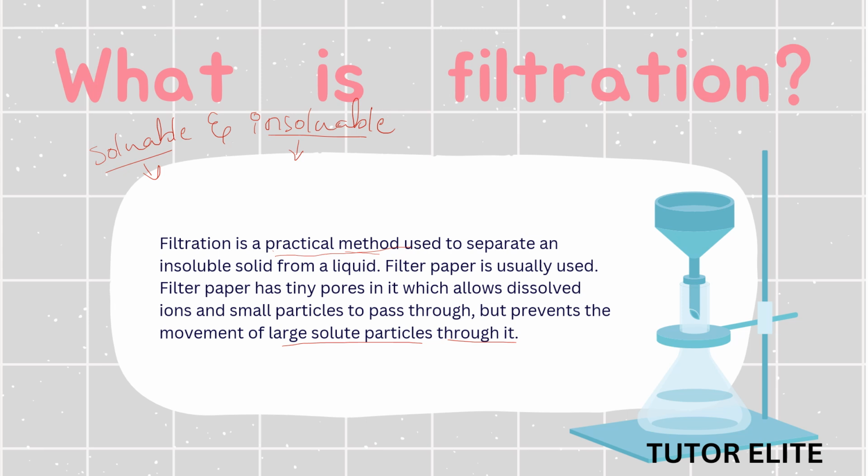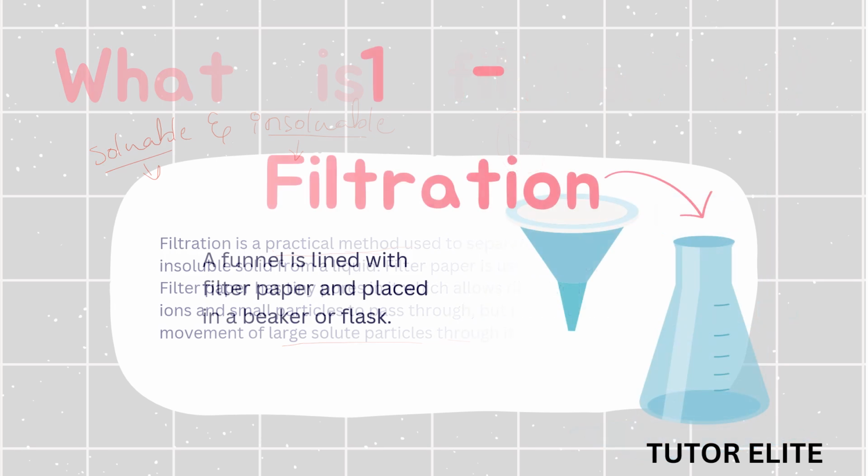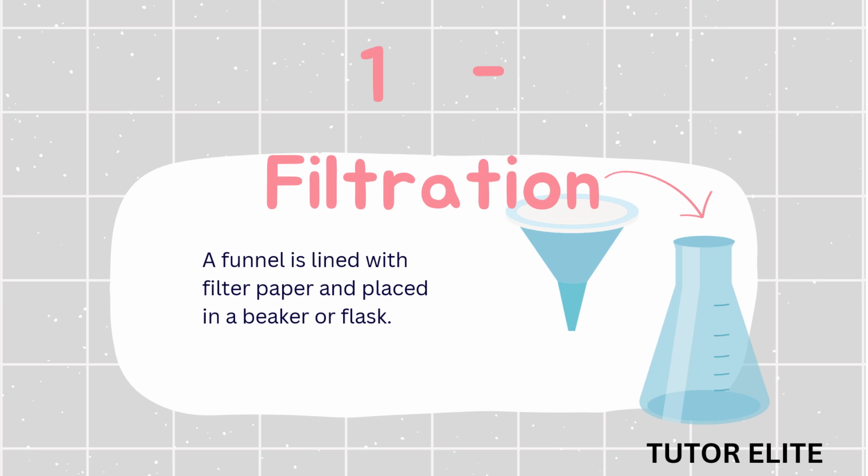Basically, filter paper is set in the form of a cone. We all know the ice cream cone, right? Filter paper is set in this form. Next. The first step of filtration is that a funnel is lined with filter paper and placed in a beaker or a flask.